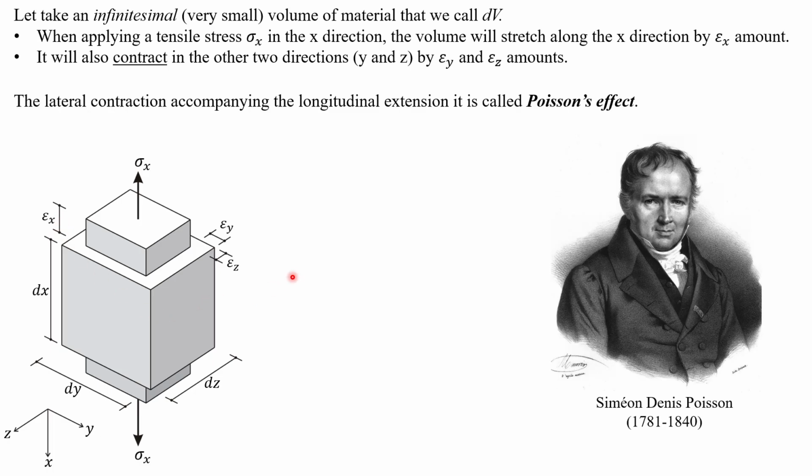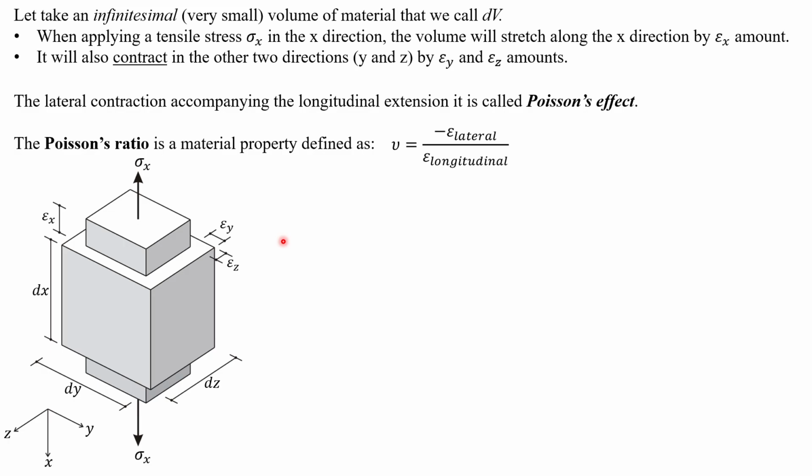There's this guy here. Pretty sure he's French. What's his name? This elongation extension is called the Poisson effect. Actually, it's called the Poisson ratio. It's a ratio we actually use.